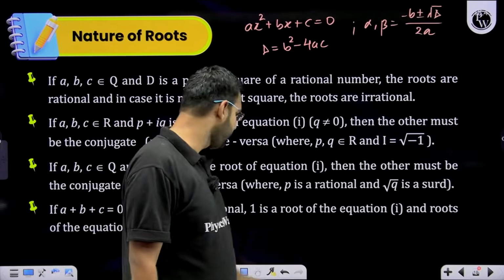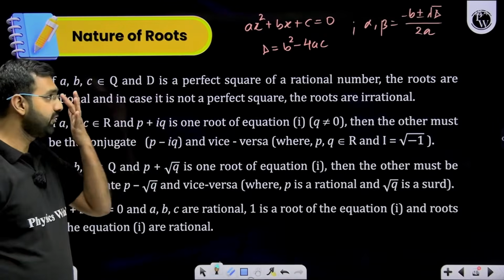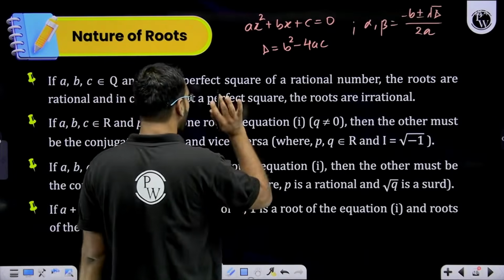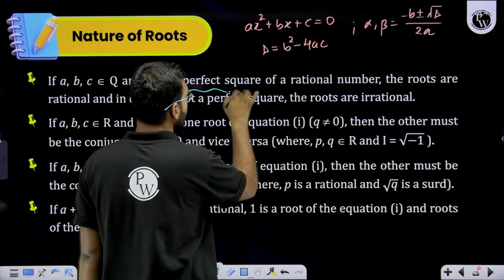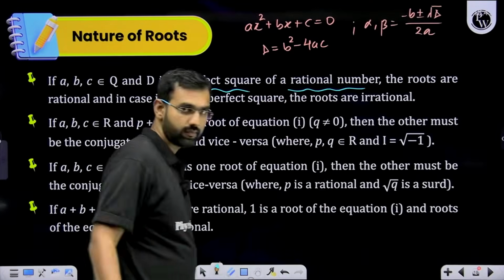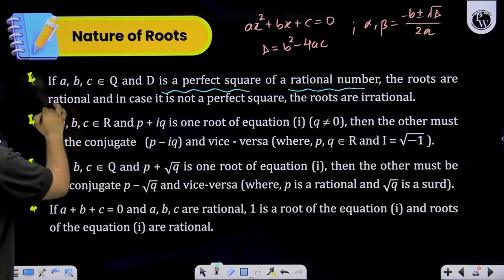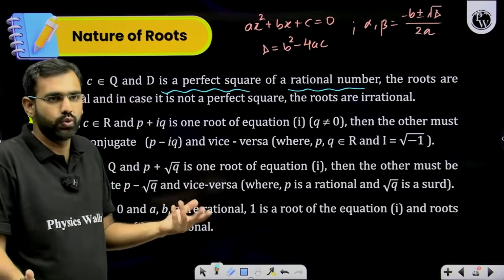With that, please remember this conclusion here, that if in a quadratic all of the coefficients are rational and d is a perfect square of a rational number, then the roots are going to be rational, and if it is not a perfect square, then the roots are irrational.